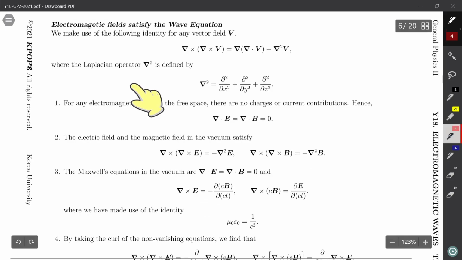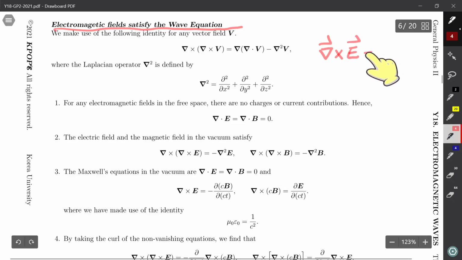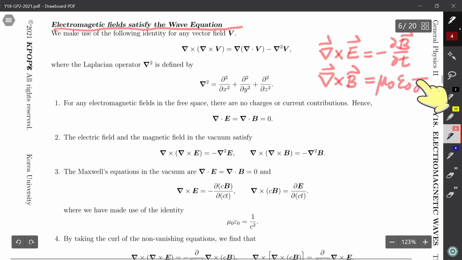Another point we had better review is that electromagnetic fields satisfy the wave equation. We had Faraday's law, and Maxwell's law in vacuum. Take the curl of the first equation.